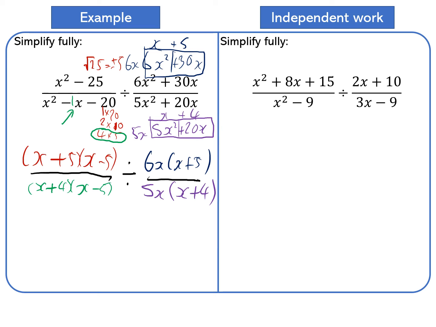And I can start that process of cancelling already. I can see x plus 5 and x minus 5, and I can also cancel out the x. So let's rewrite that out now. I've got x plus 5 divided by x plus 4.